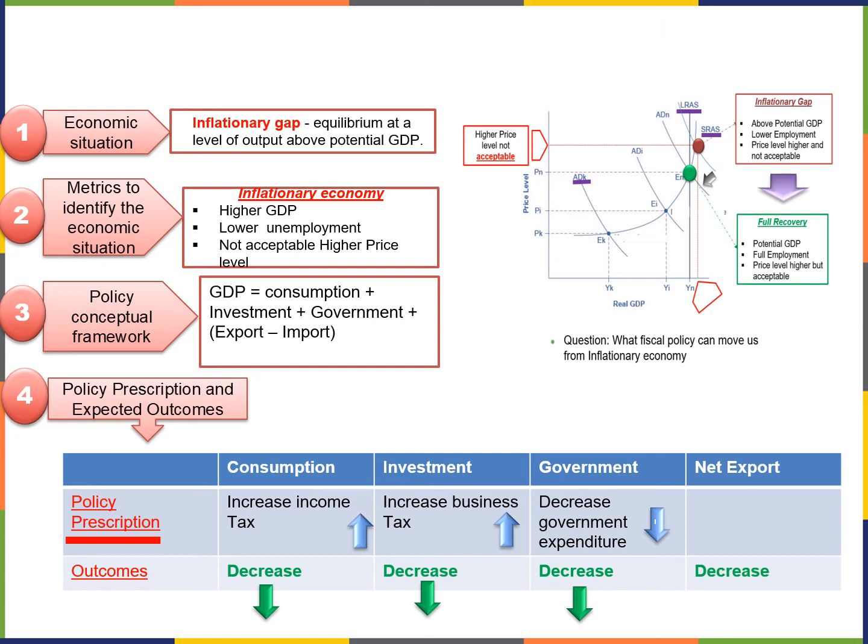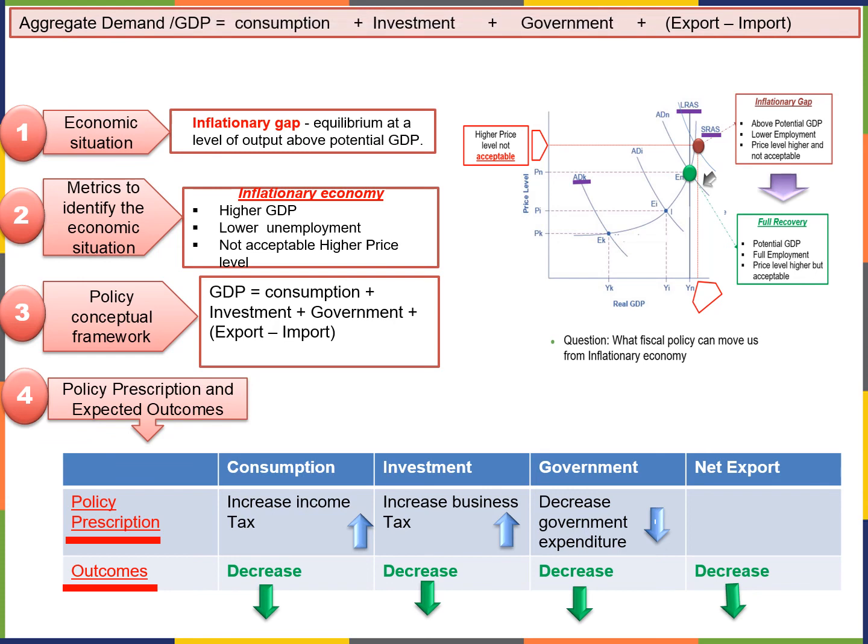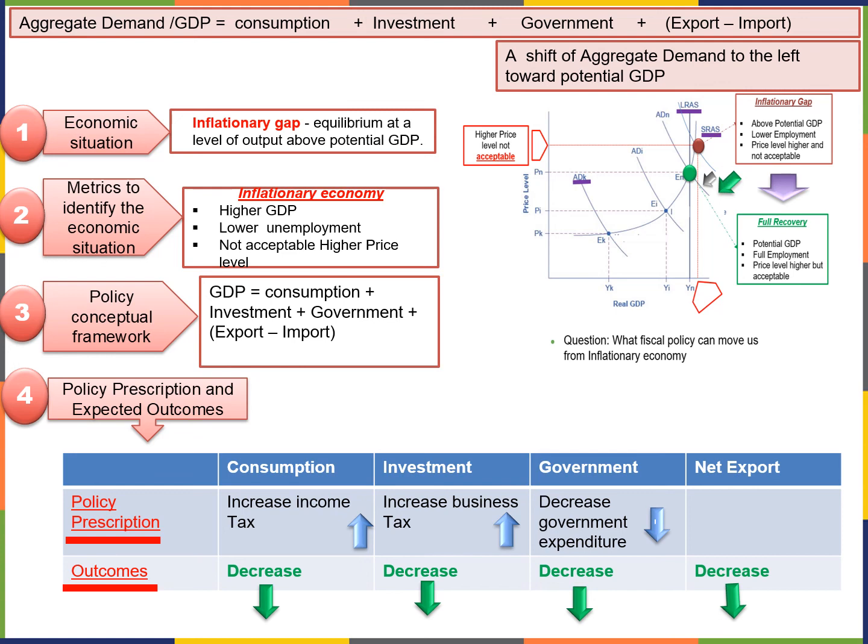And eventually, those policies of increasing income tax and business taxes and decreasing government expenditure can cause net export also to decrease. As a result of those components decreasing, we can observe a shift of aggregate demand to the left towards potential GDP.